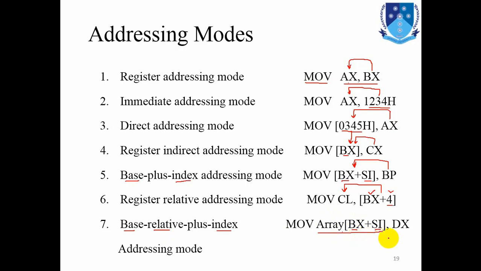So according to this instruction, the contents of the DX register, or simply the data register, will be transferred to a memory location whose address is made of three different quantities: the contents of the BX register, the contents of the source index register, and the array displacement.